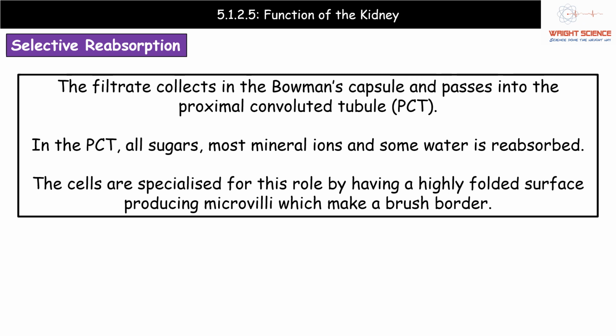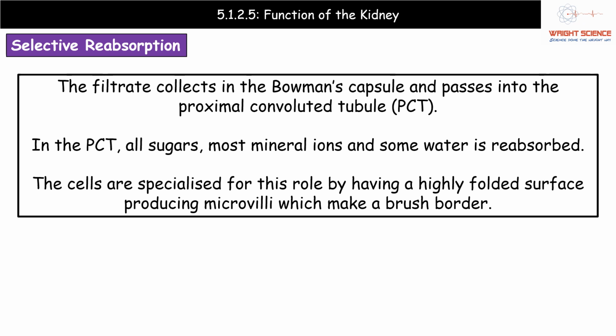The second stage of our kidney function is the selective reabsorption phase. So once we've got that filtrate in the Bowman's capsule, it then passes into the proximal convoluted tubule, or the PCT. Now in the PCT, all of those sugars, so all the glucose, most mineral ions, and some of the water is going to be reabsorbed.